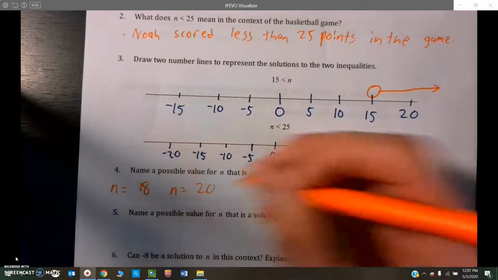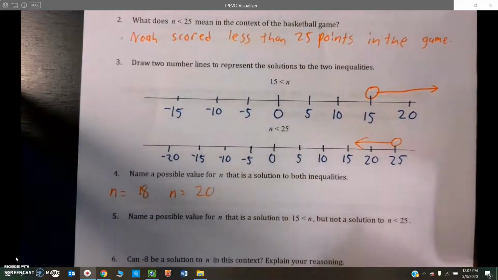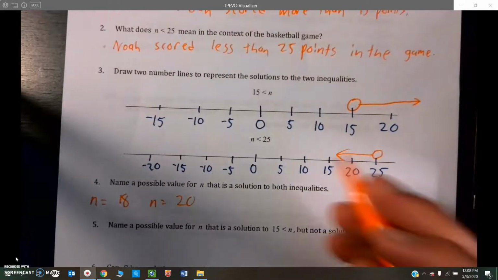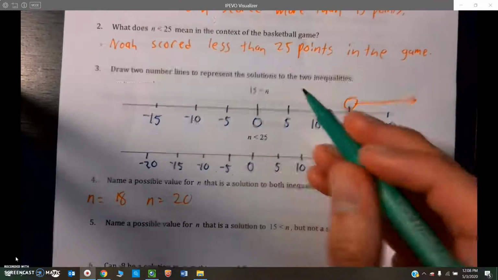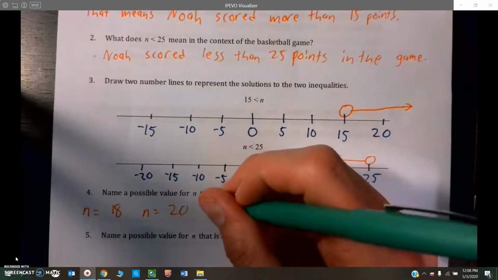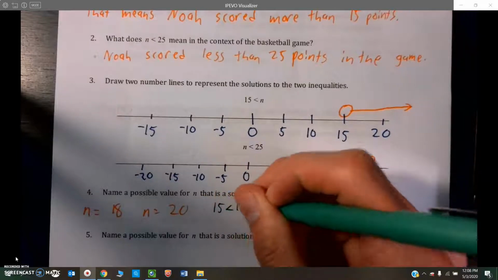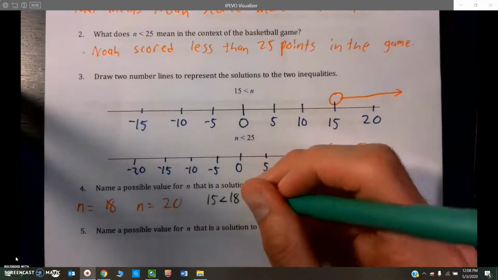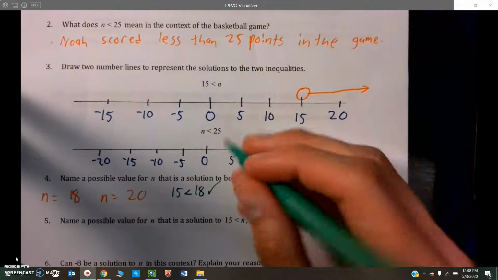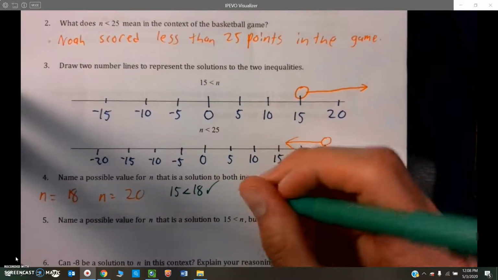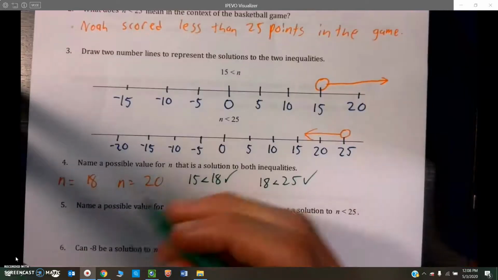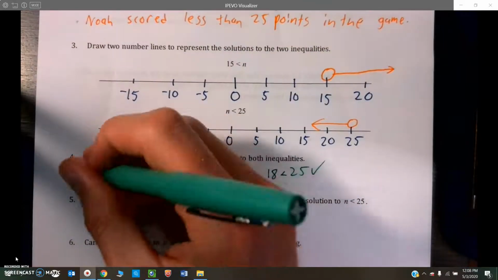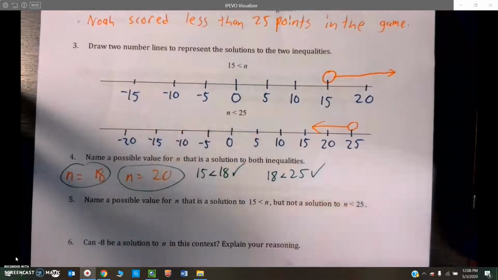He could have scored 20 points. And if we substituted those both into the situation, so if we look back at this, 15 is less than N. So I substitute in that value, and it gives me a true statement. Then if I substitute 18 in for the other one as well, 18 is less than 25, it works. So these are both potential values. Okay?